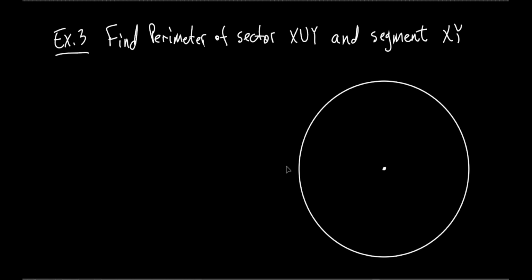I'll put the center there, and then we're going to draw a couple radii. Draw one there, draw one here, and let's connect from there to there. And let's put some letters in here.